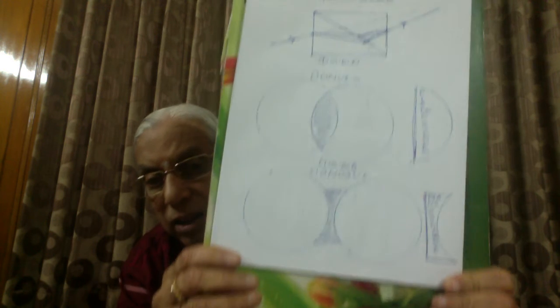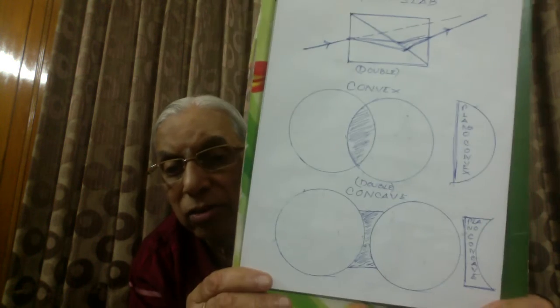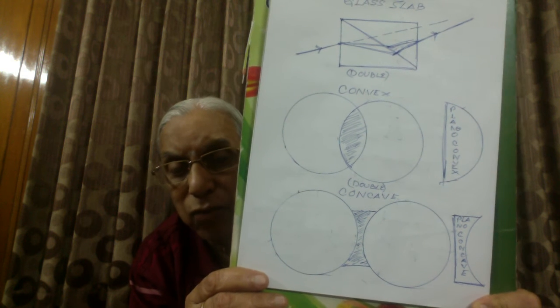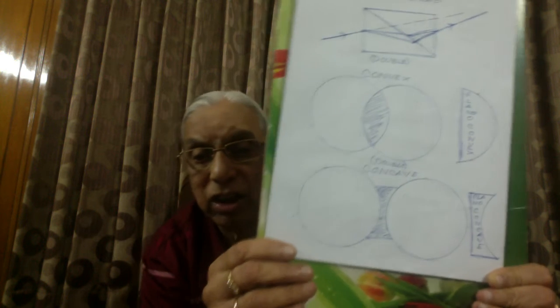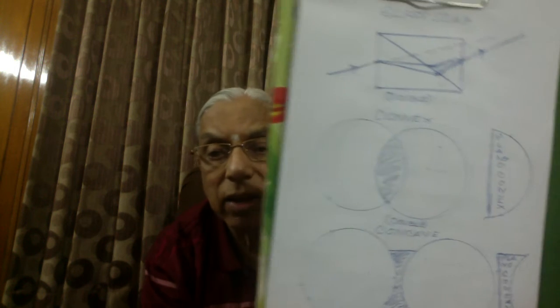In the case of a concave lens, it is thinner at the middle and thicker at the edges, as you see here. The first one is a convex lens, the second one is a concave lens. So, the lens that is formed by the intersecting circles is a convex lens, and the one formed by non-intersecting circles is a concave lens.